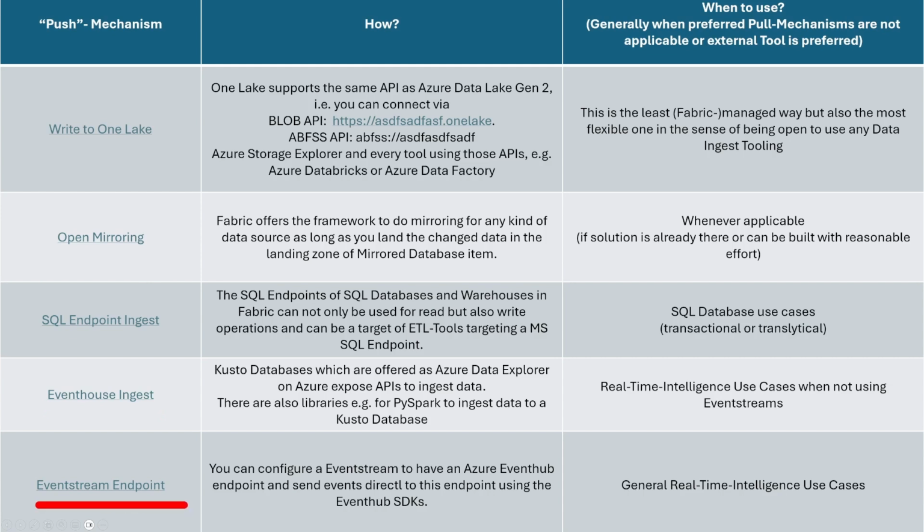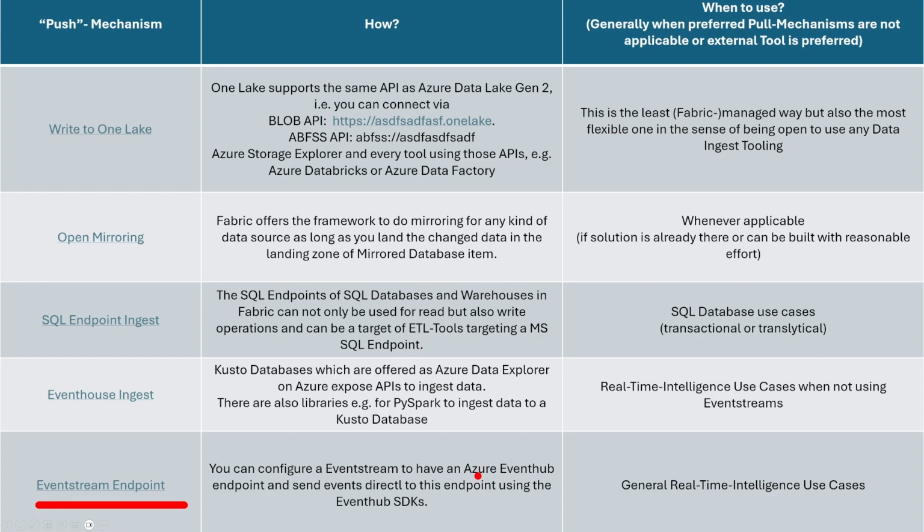And the last one is the event stream endpoint. If you create an event stream, you can say you're not using an existing connection and not directly connecting to a streaming data source, but that the event stream will be the endpoint.